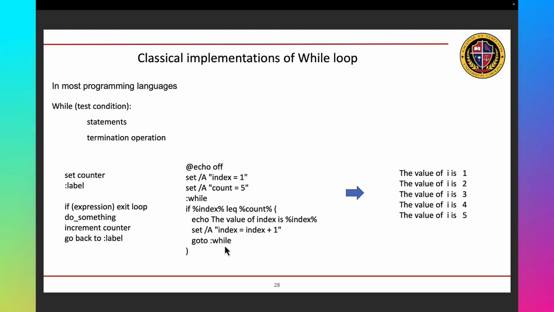Then we go to the while label again and go through the whole process again till the condition is not satisfied. Then we exit the loop. So if you run this snippet of code, this is the result you're going to get. When the index value is increased to the state that it does not meet this condition, then we exit the loop. And that brings us to the end of the implementation of the while loop.